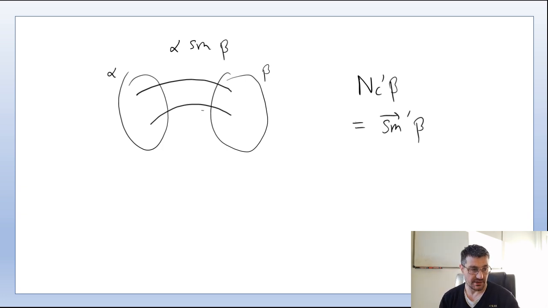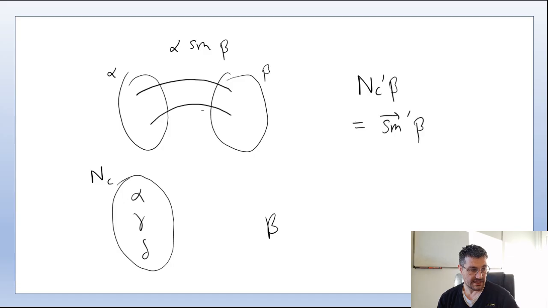Okay, so if we've got beta here, and we've got all of these classes, so we've got alpha, gamma, delta, and these are all in NC primed beta over here. So all of these have relation SM to beta.